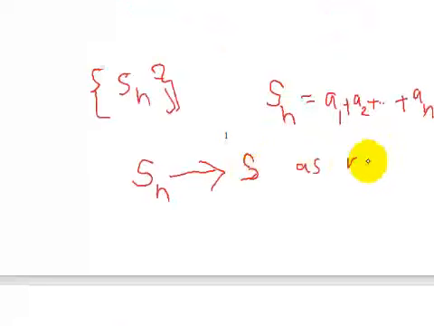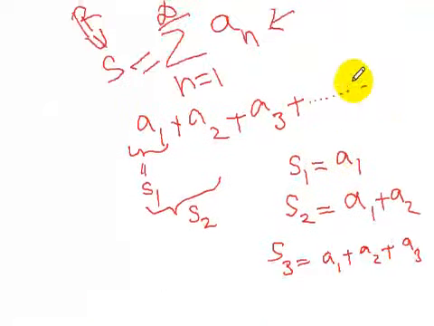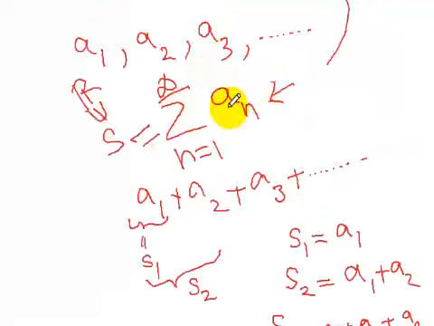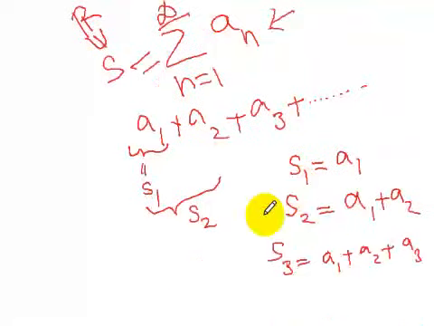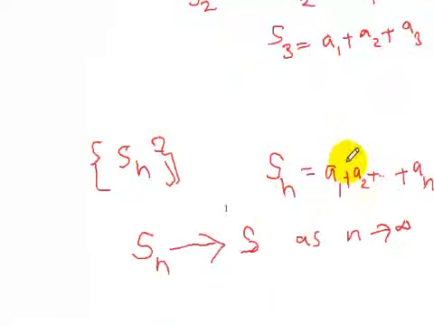As n tends to infinity, from this series we generated a sequence like this: S sub 1, which is the first partial sum of this series, the second partial sum, the third partial sum, the nth partial sum.